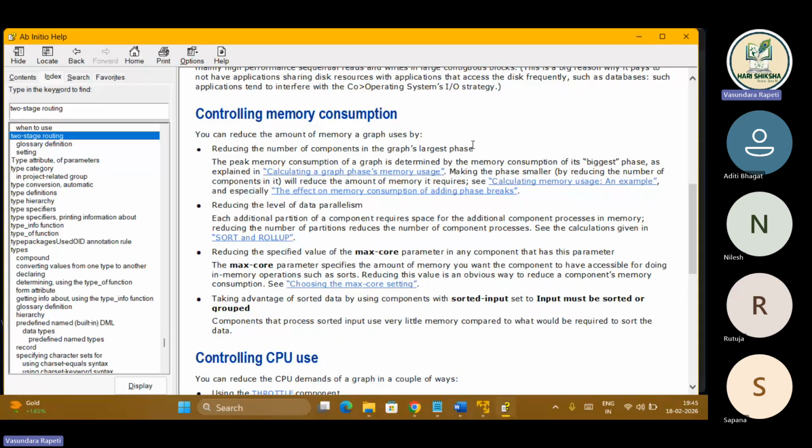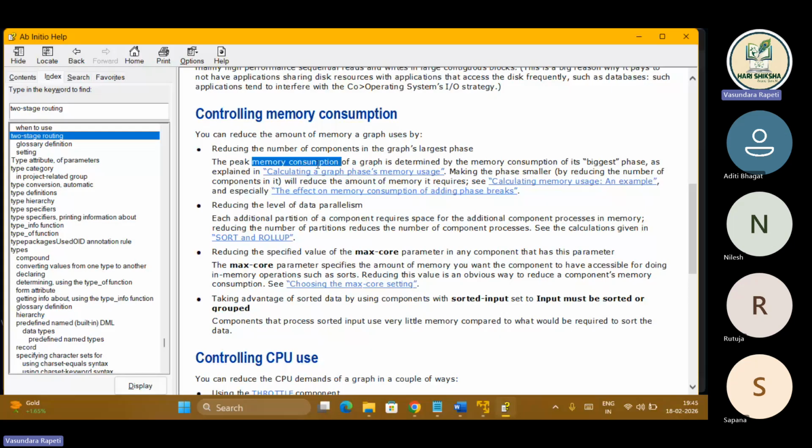That's why phases mean sequential. Opposite to parallelism is sequential, one by one. So phases mean one by one. If in one particular phase you are running a lot of components, that is not recommended. Use fewer components in one phase, that is recommended.